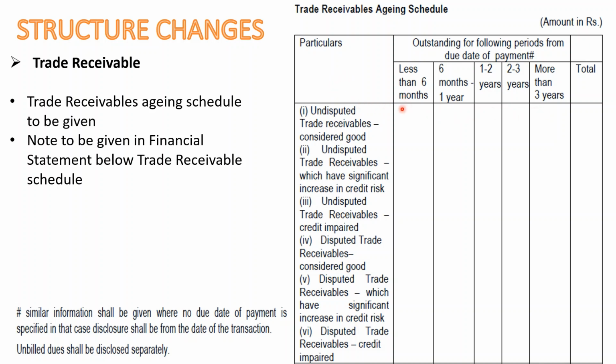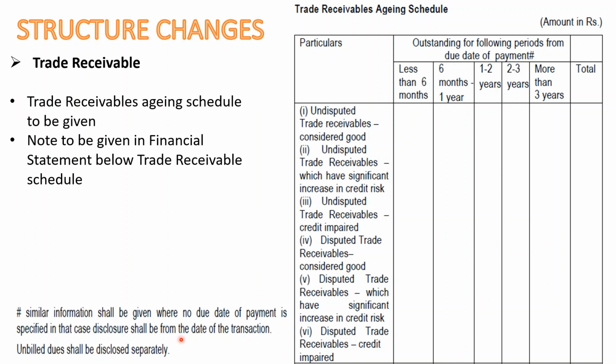And further, it has to be bifurcated into undisputed trade receivable considered good, undisputed trade receivable having significant credit risk, undisputed trade receivable credit impaired, and disputed trade receivable considered good, disputed trade receivable which has significant credit risk, and disputed trade receivable credit impaired. And this total should match with the amount which is flowing in the financial statement of trade receivable.